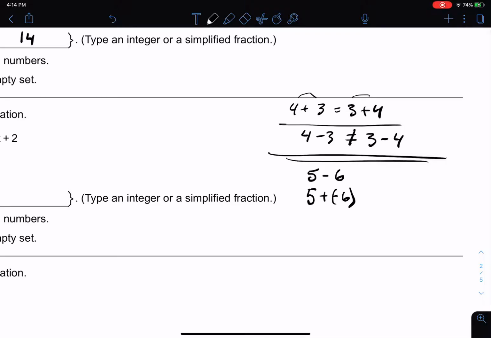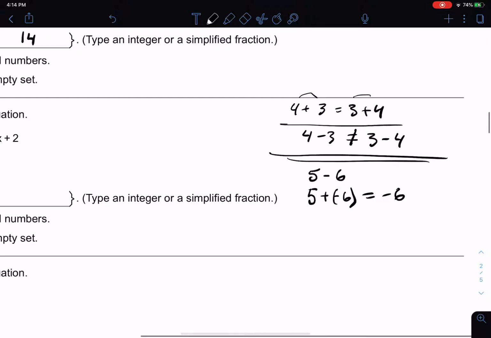I probably wouldn't do all this when I'm doing the problems because, in intermediate algebra, you kind of accept this already, right? 5 minus 6 is the same as 5 plus a negative 6, which means we're allowed to commute it, which means a negative 6 plus 5 is the same thing.